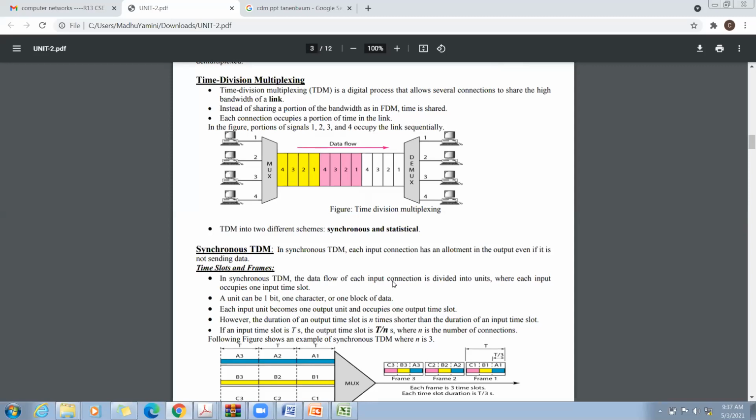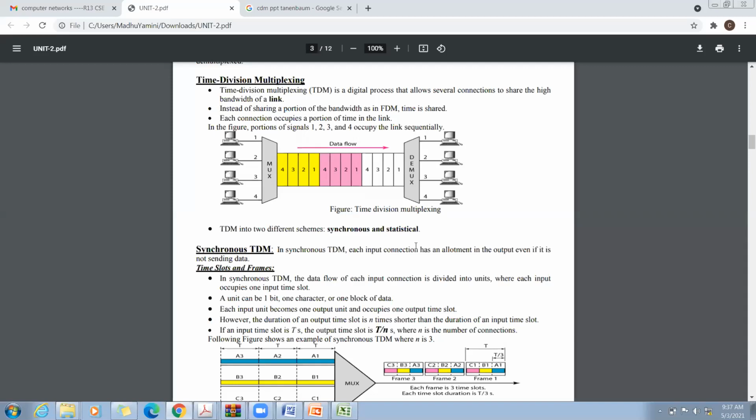Coming to time division multiplexing, instead of sharing the frequency bands among the users, here the time is shared among the users. We are sharing the time among the users.